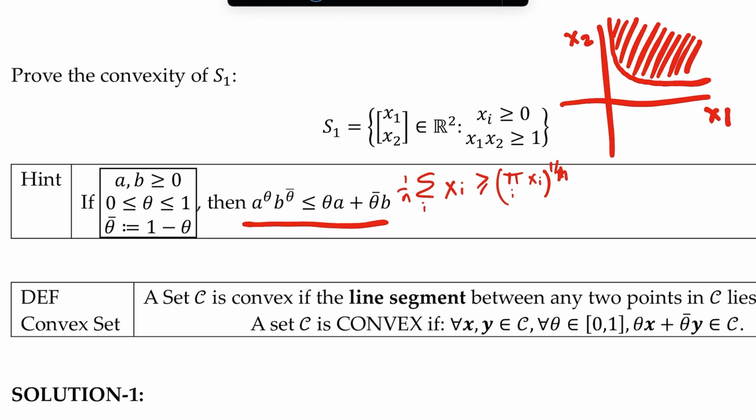Instead of writing like that, I could have written the sum of theta_i x_i, where all the theta_i terms are greater than or equal to 0, and they all sum up to 1, right?